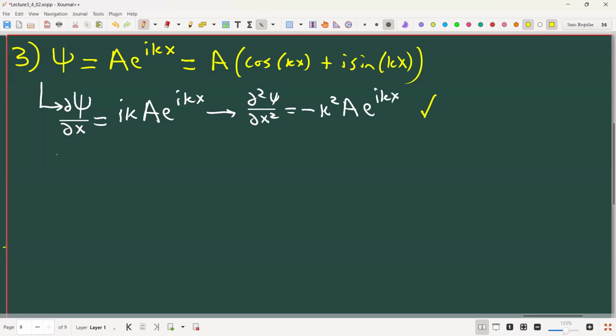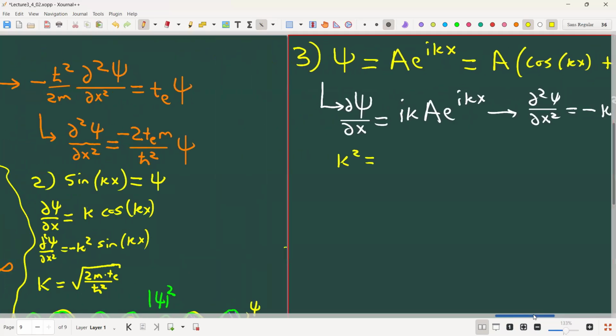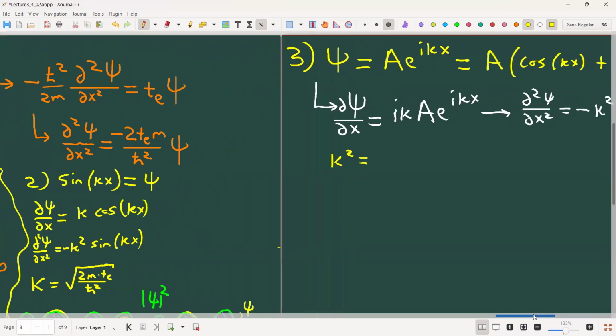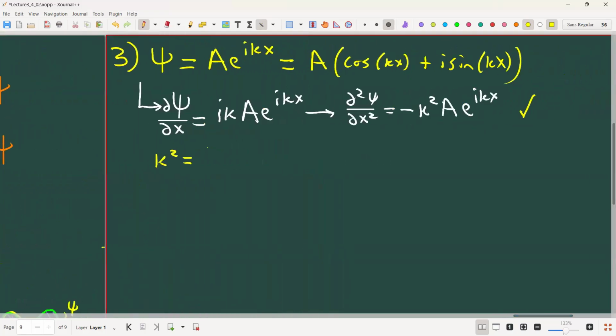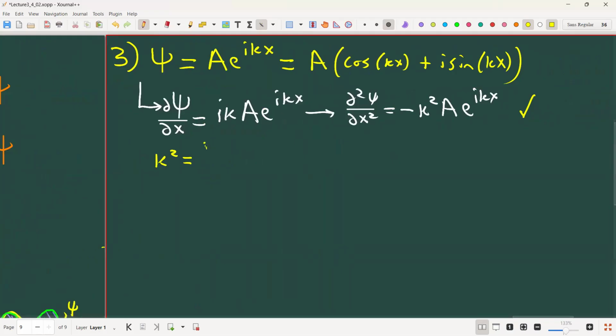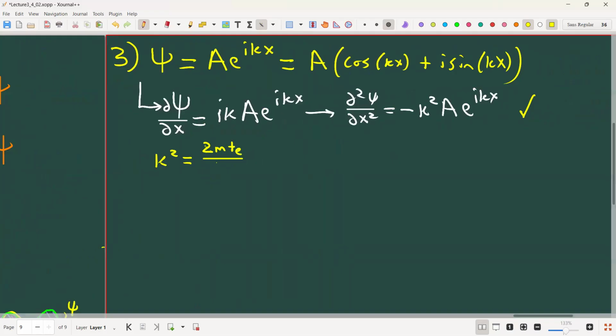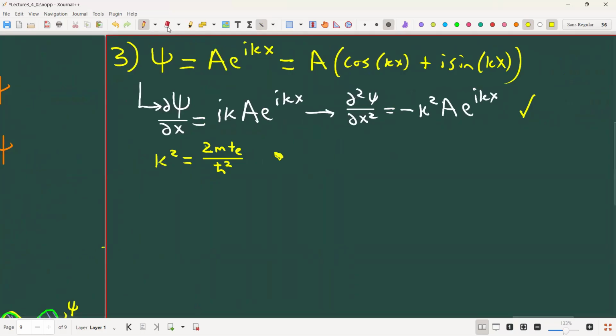And this says that k squared is equal to 2m T_e over h bar squared, the kinetic energy. And that's totally okay. That's good.